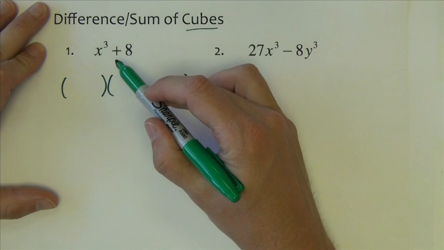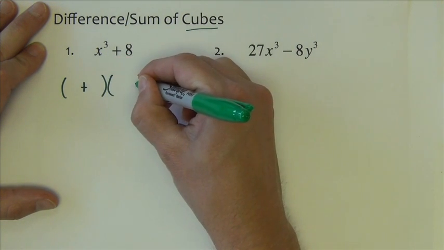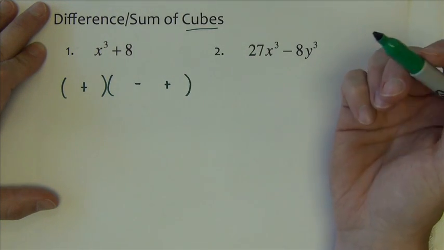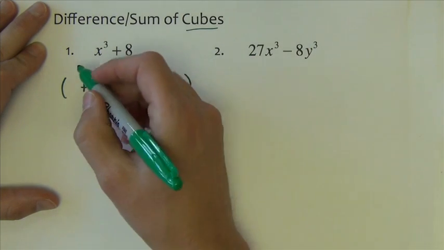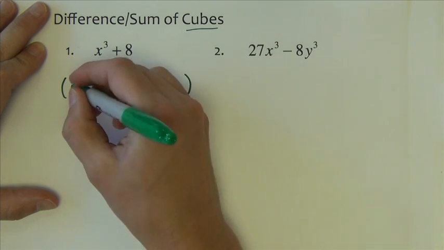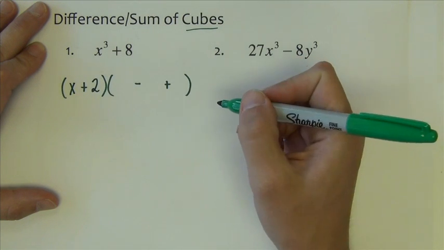Signs depend on the sign between them. There's a plus between them, so the signs are going to be same, opposite, always plus. Piece of cake there. Now we're just going to fill in all the terms. The binomial just takes the respective cube roots of the terms. So the cube root of x to the third, cube root of 8.